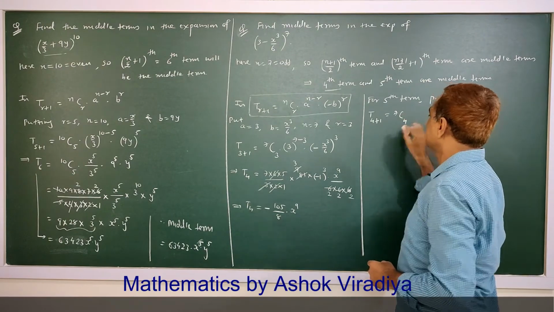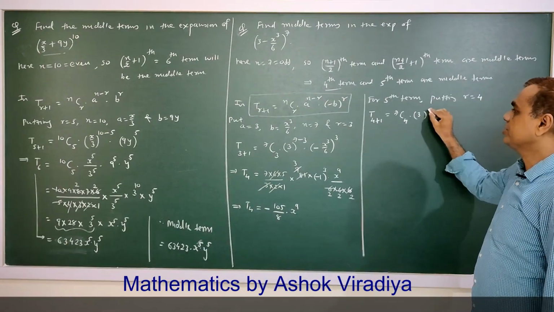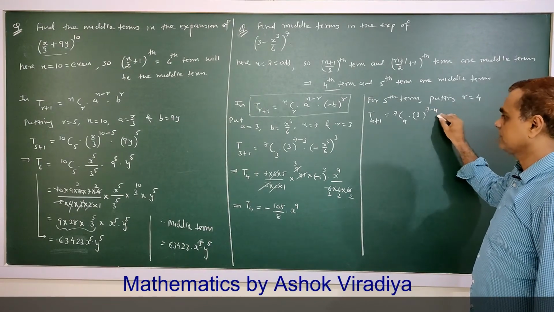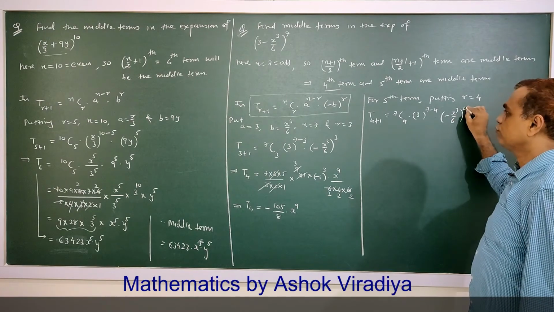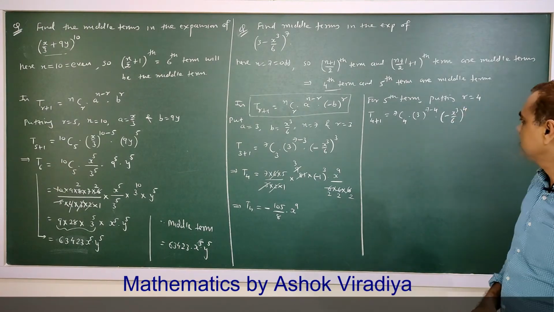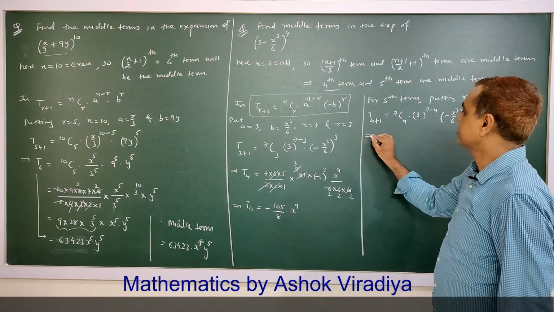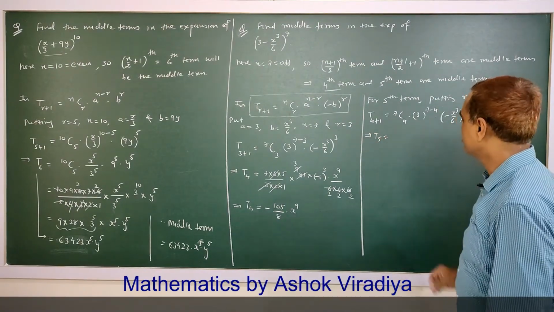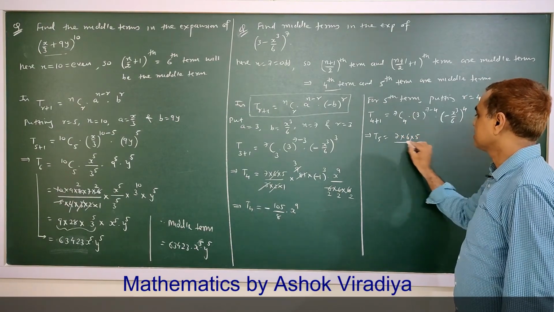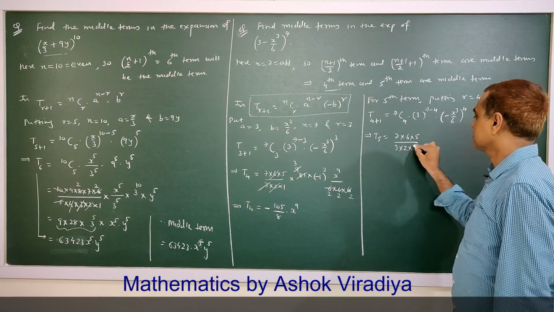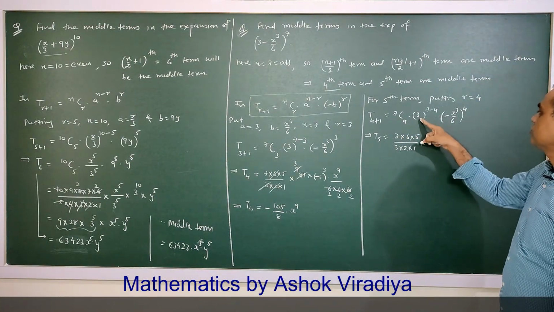So 7c4 into a, which is 3 raised to 7 minus 4, b is x cube by 6 raised to 4. So r is taken as 4. So the fifth term is equal to 7c4, which is 7c3. This is 3 raised to 3.